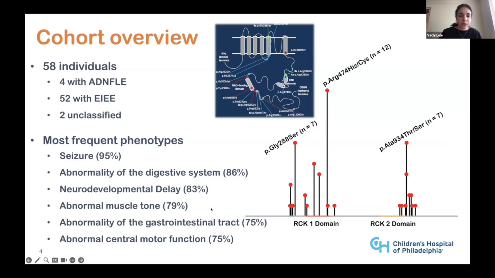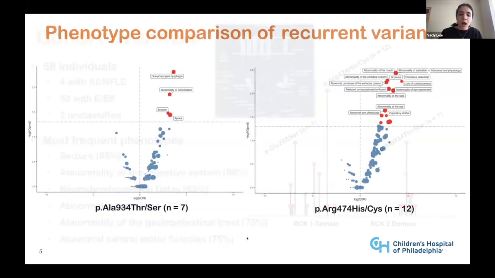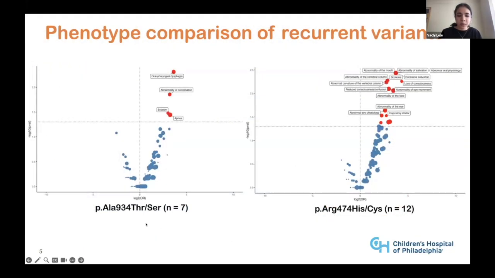These are the most frequent phenotypes seen in our cohort on the left, and on the right are the 3 recurrent variants seen in our cohort across 2 different domains. So what were the most frequent phenotypes seen in the carriers of these recurrent variants? On the left, the individuals with the recurrent variant 934 typically experience abnormality of coordination and apnea, amongst others, as denoted by the red dots.